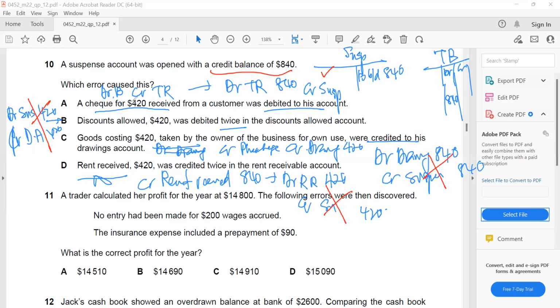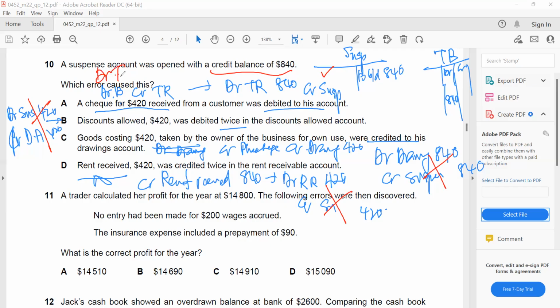Okay, this one a check received from customer. We debit bank, credit trade receivable, but we go and debit his account, was debited his account. So we go and debited his account. When you debited it, we will cost this one both.